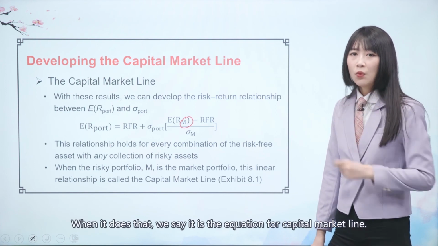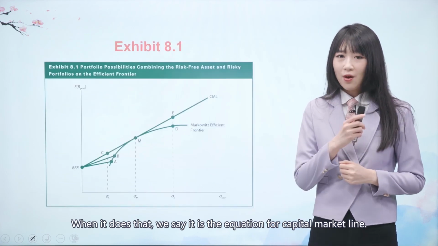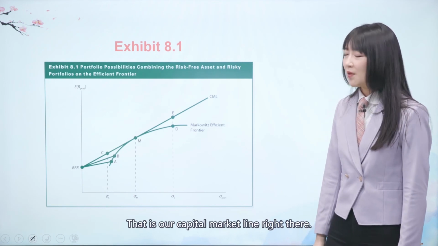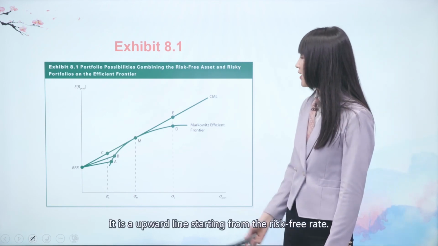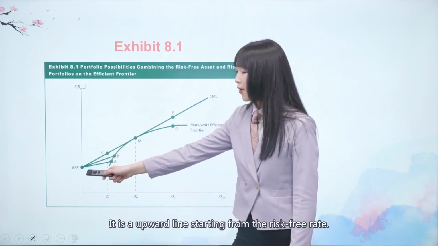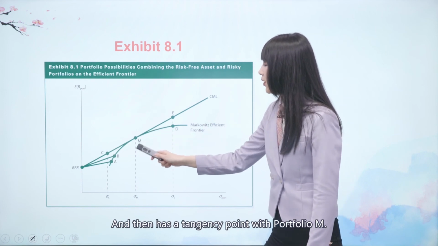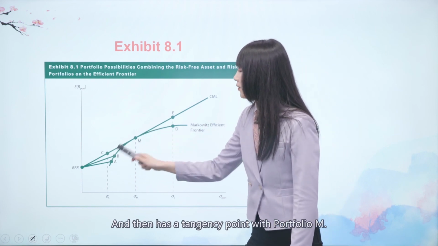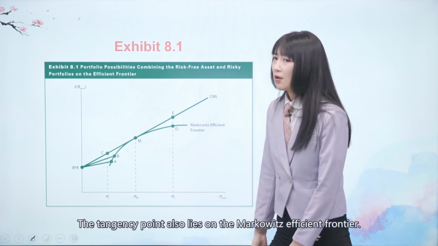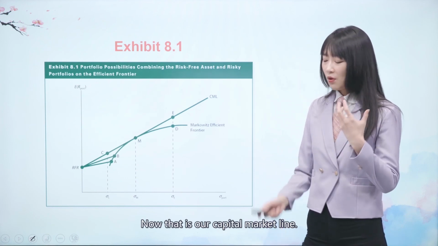When it does that, we say it is the equation for the capital market line. Now, that is our capital market line right there. It is an upward line, starting from the risk-free rate, and then has a tangency point with portfolio M. The tangency point also lies on the Markowitz efficient frontier.